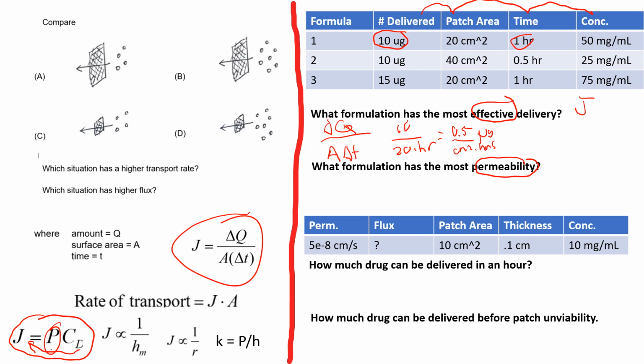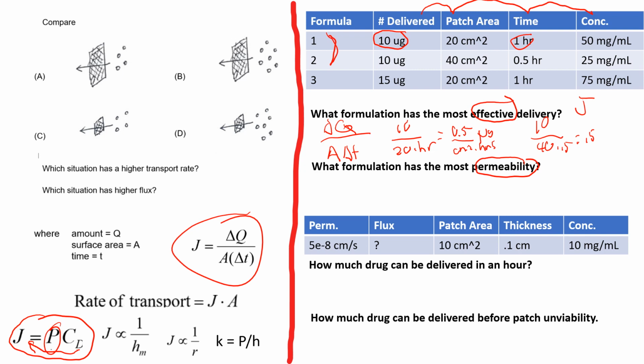Let's move on to the next one. So 10 micrograms divided by 40 centimeters squared area times 0.5 hours. So we have 10 divided by 40 divided by 0.5. We also get 0.5 micrograms per centimeters squared per hour. So these two, 1 and 2, are actually equivalent. Let's see if 3 is equivalent as well.